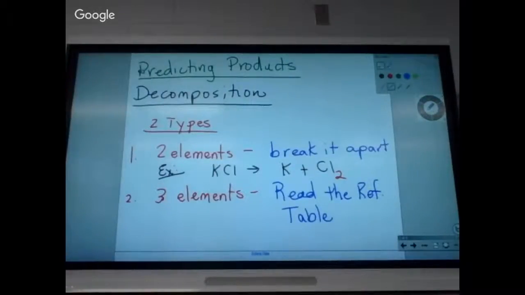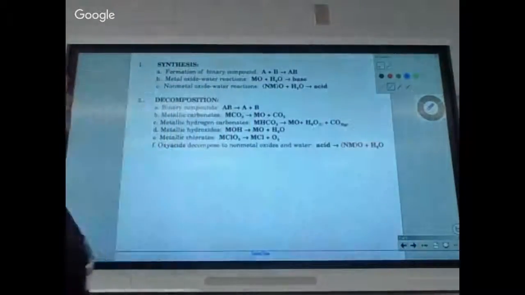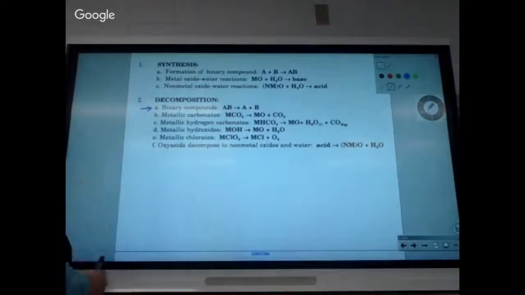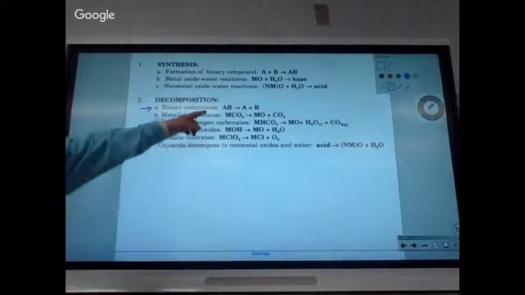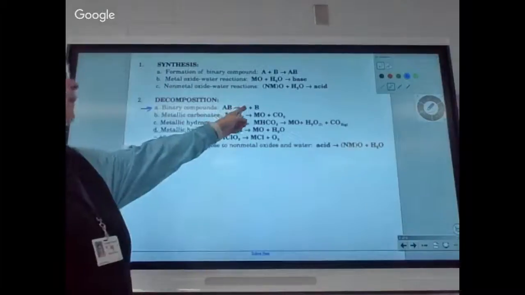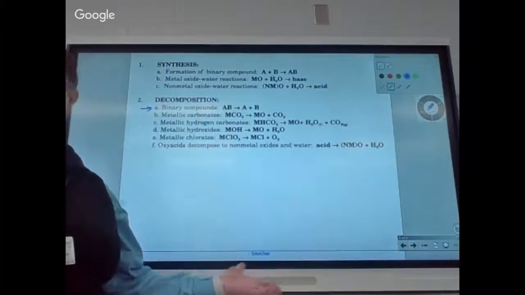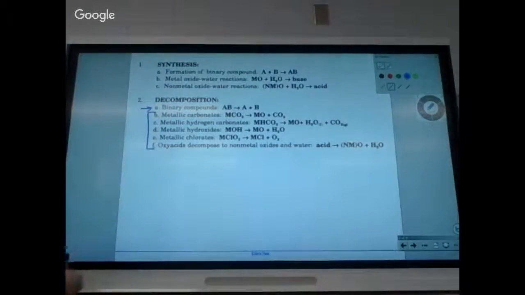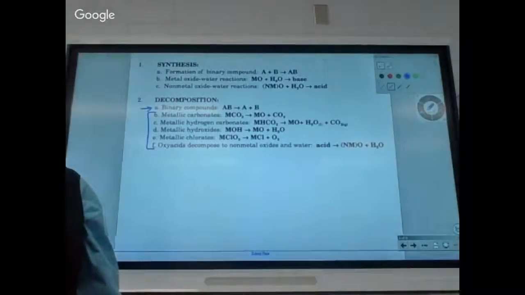So, when you look at the reference table for decomposition, this one was 2 elements, AB. What does it say to do if you have AB? It says A plus B. What does that mean? Break it apart. That's why I said you just break it apart. So B through F are what we do for number 2, if you have 3 elements.